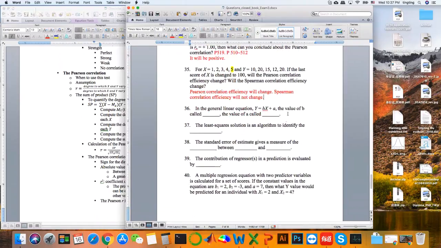Next question. In the general linear model, y equals b times x plus a. The value of b is called the slope, and the value of a is called the y-intercept.